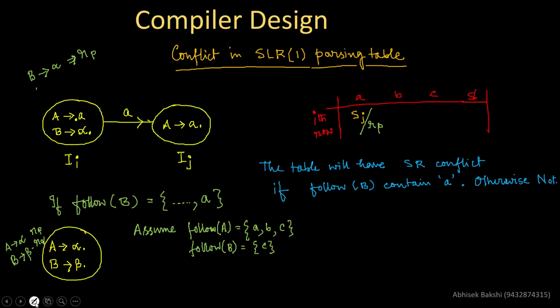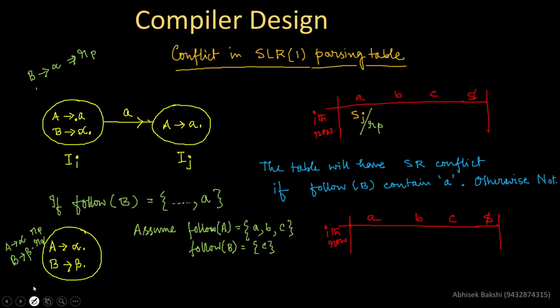So what will be reflected in the parsing table? If you see the SLR(1) parsing table, I will have a, b, c and dollar, and we are considering the ith row as usual.